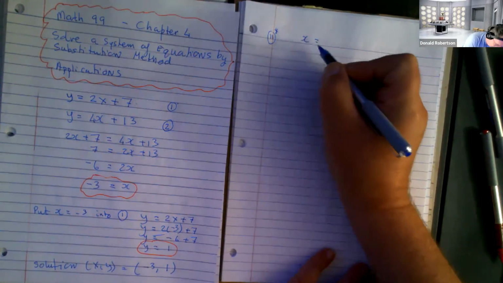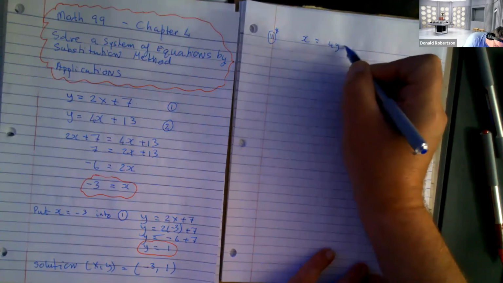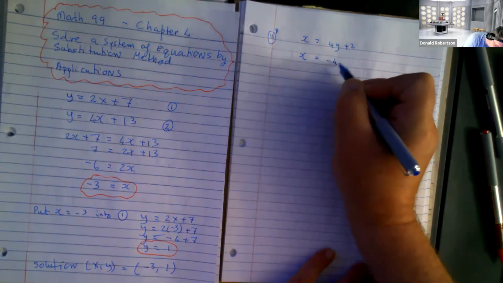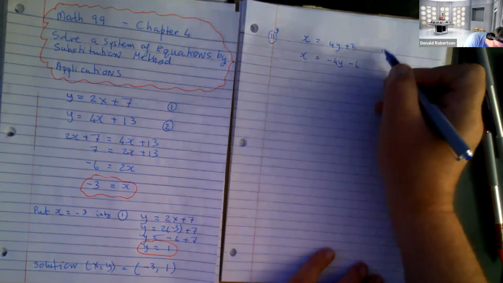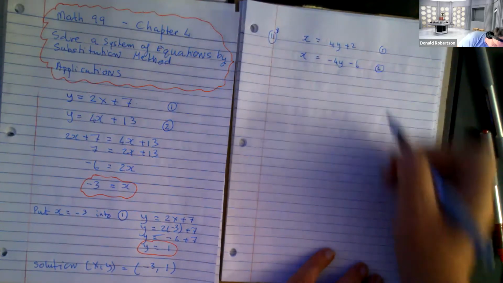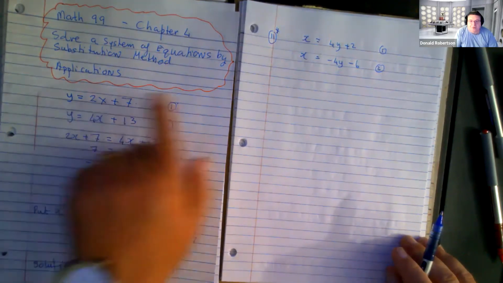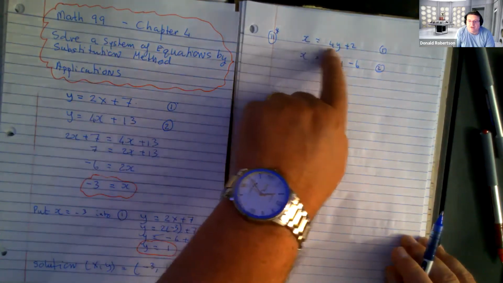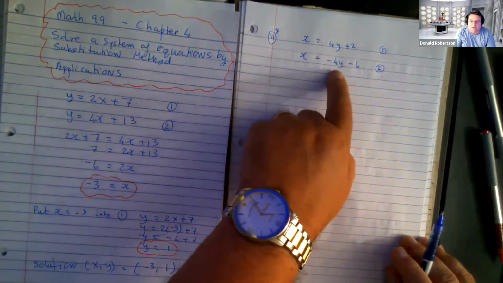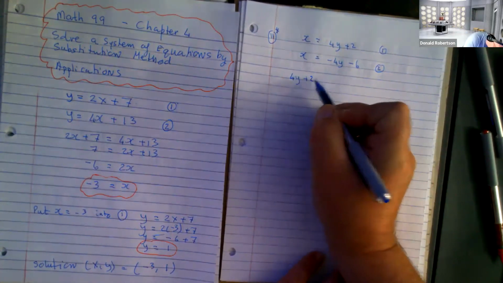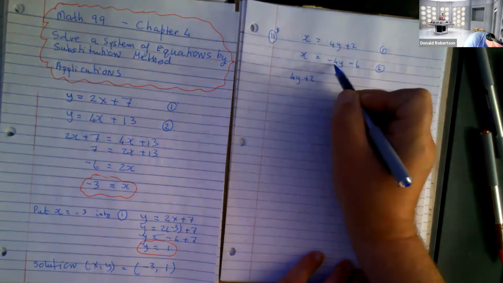Suppose they gave you the system of equations as x is equal to 4y plus 2, and x is equal to -4y take away 6. There's my 2 equations. Well, it might look different from this, but it's really the same situation. If x is equal to that and x is equal to that, then 4y plus 2, which is this guy, should equal that guy.